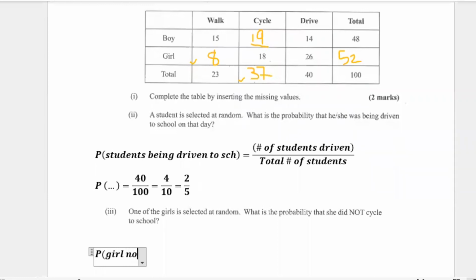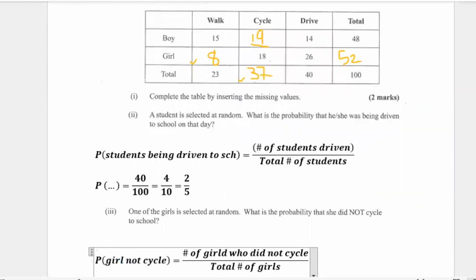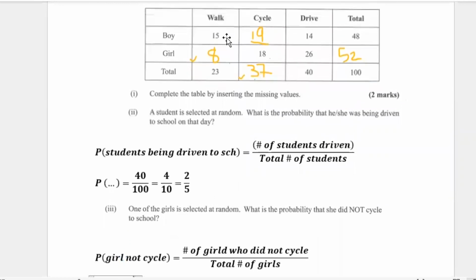Very good. So look at the number of girls who did not cycle over the total number of girls, because we're now focusing on the girls. So the total number of girls who did not cycle means they either walked or were driven.